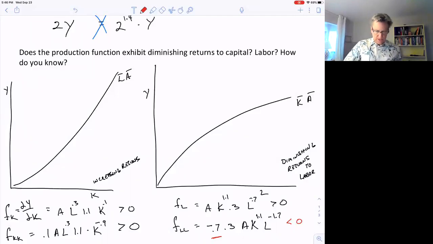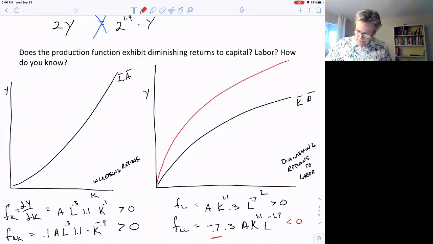Now the next question says, what happens to the marginal product of labor, which is the slope of this curve on the right, when total factor productivity, A, is increased? Well, if we increase A, then this whole curve is going to shift up like that. We can produce more at every level of labor.